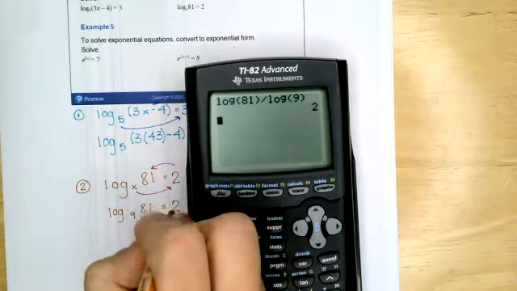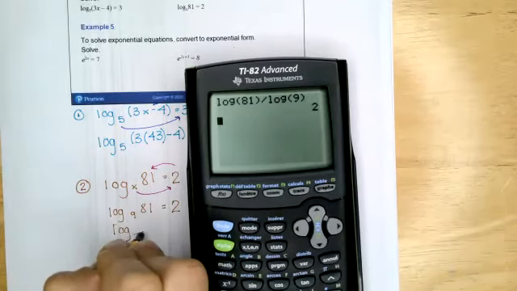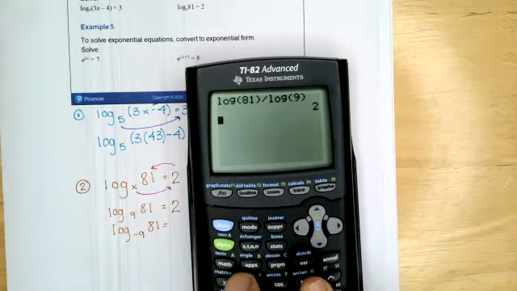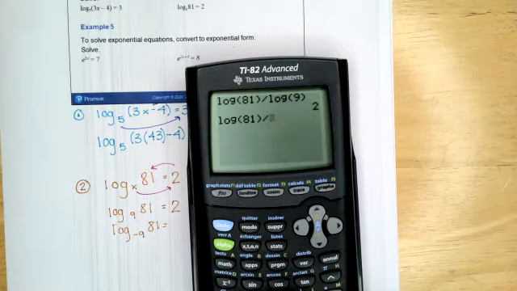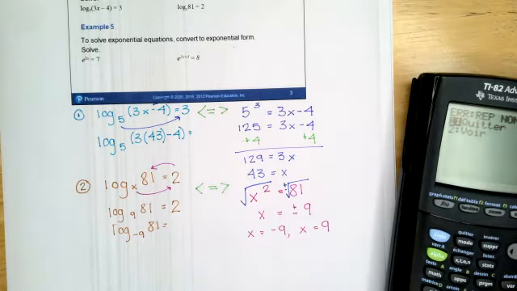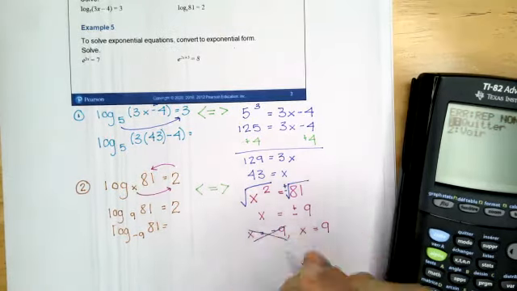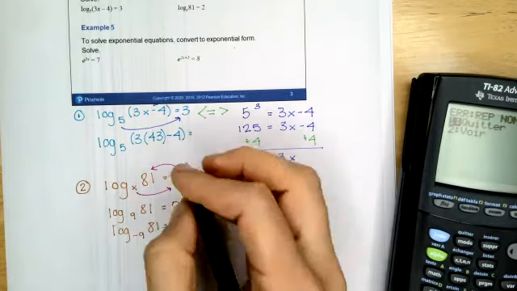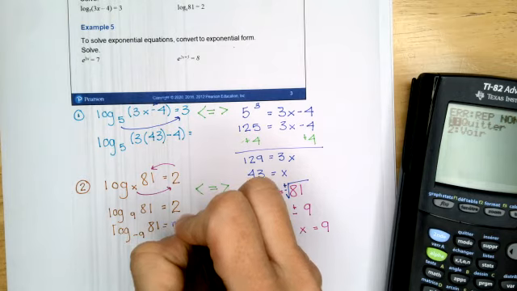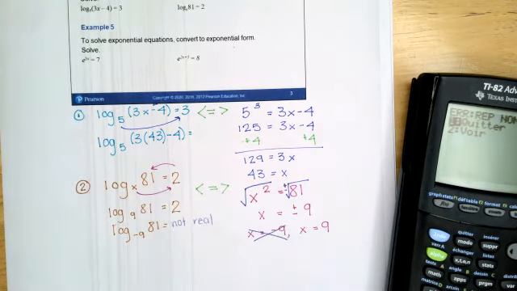The log base -9 of 81 should also be 2, right? It is not, because you cannot have negative bases. So we just say that that is not a real answer. It's just 9 because we checked it and it's imaginary, not real. It's not a real number. So that's the second example.